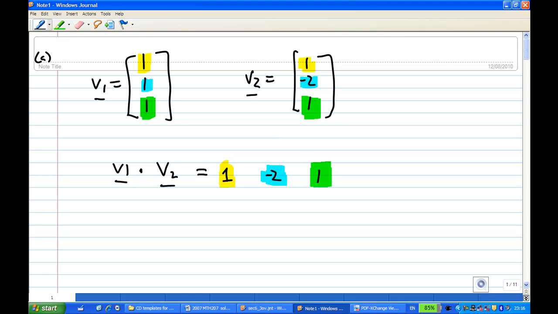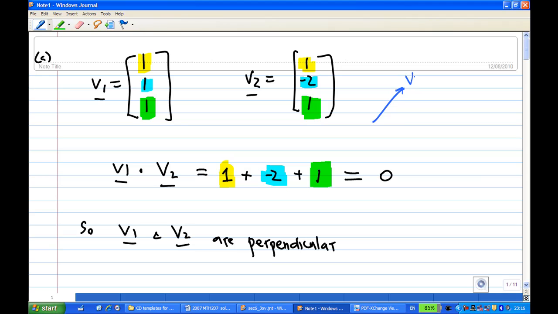So when you add them up, this is the dot product of these two vectors, you find that this is 0. So when the dot product between two vectors is 0, we know that these two vectors are perpendicular. So v1 and v2 are perpendicular.